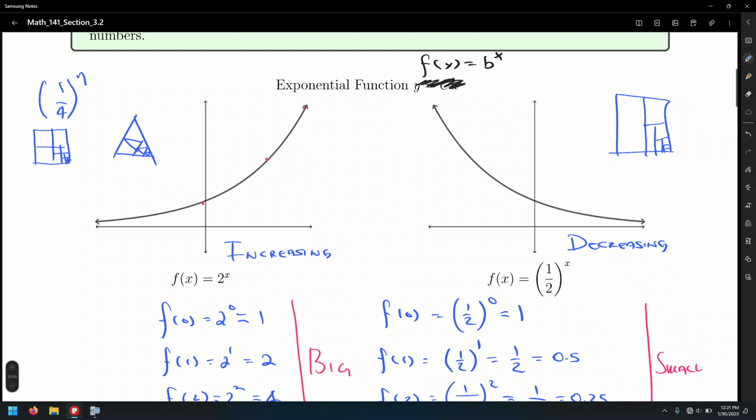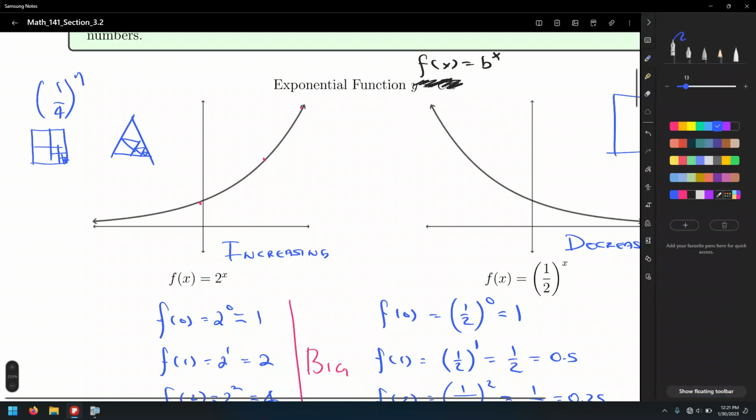Domain. What would be the domain given this graph? All real numbers. What about the range? 0 to positive infinity. However, is the 0 included here? No, it's not. That's what you didn't see before.